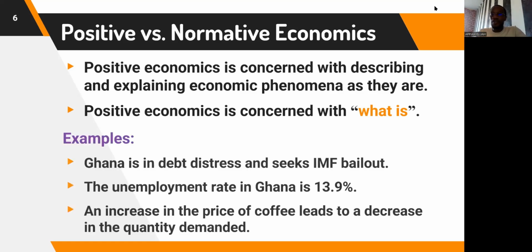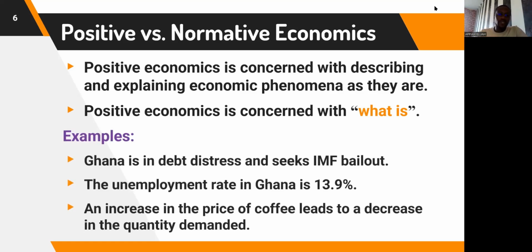Typical examples in Ghana's current situation: we know that Ghana is in debt distress and is seeking an IMF bailout. When you make such a statement, you are making a positive economic statement. Currently, Ghana's unemployment rate stands at 13.9. When you make that statement too, it is an objective fact, devoid of opinions, and for that matter, that is a positive economic statement.